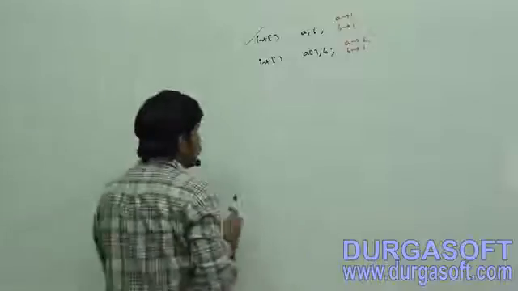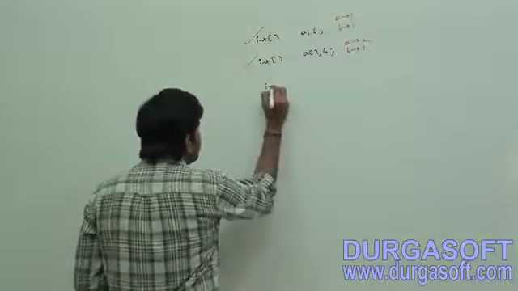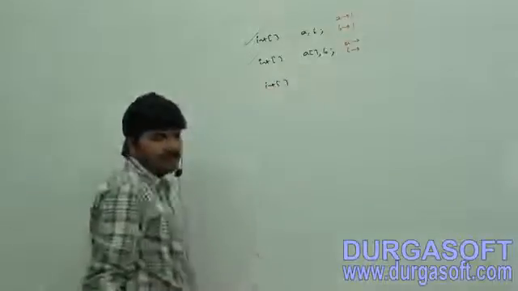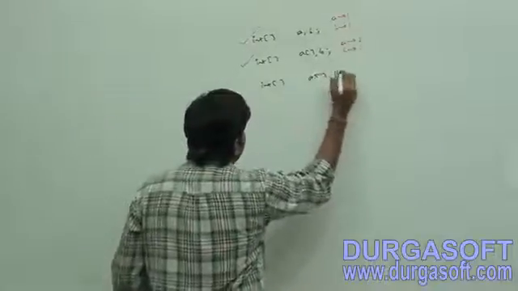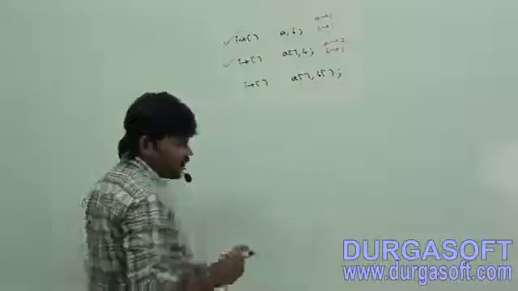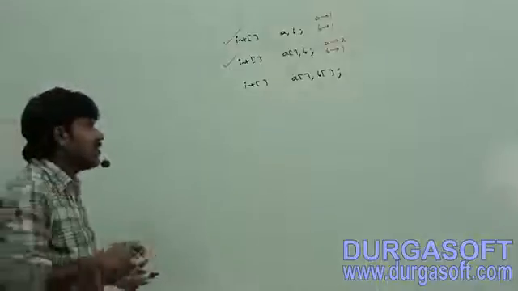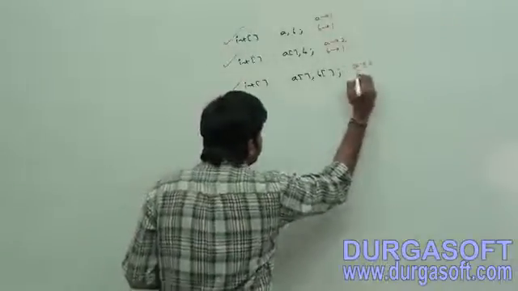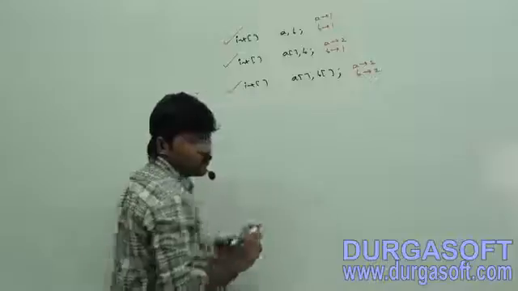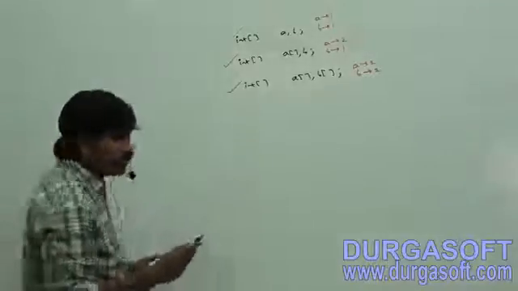Next, int 1-dimensional array. Here I am taking A and this. No new thing. Can you tell what is A's dimension? 2. What is B's dimension? 2. A's dimension is 2, B's dimension is 2.